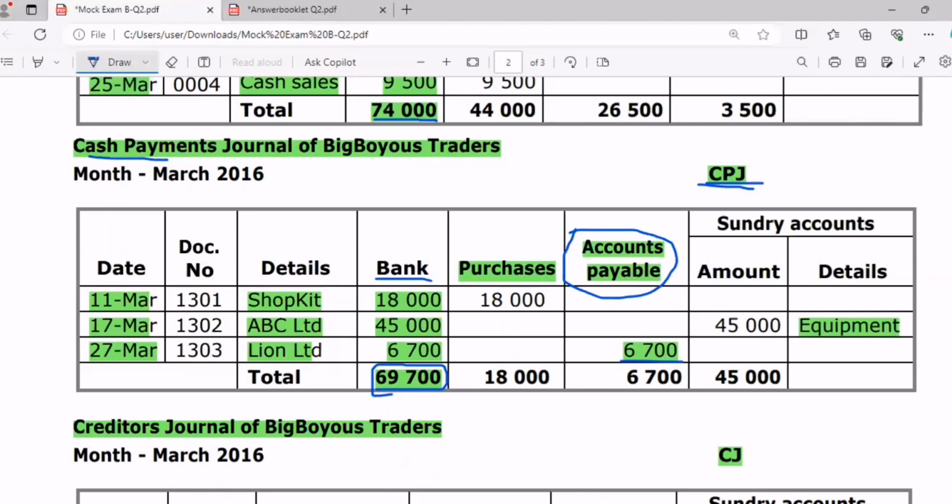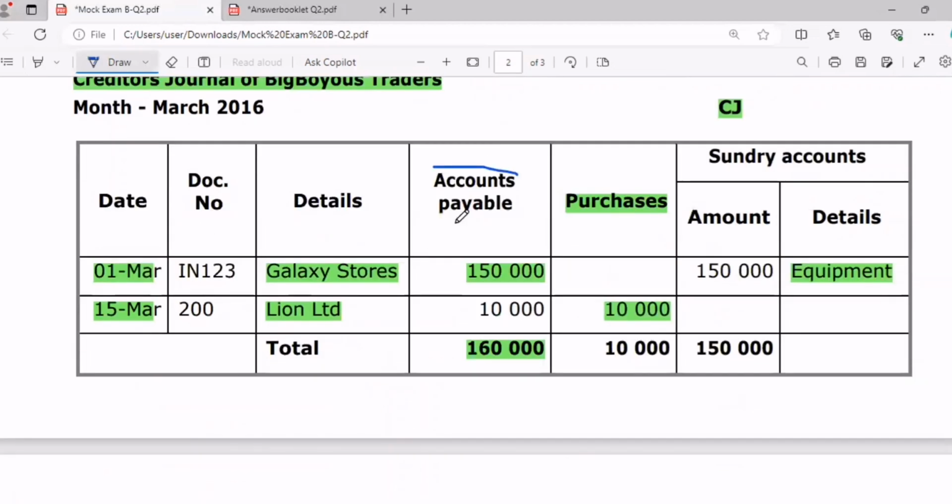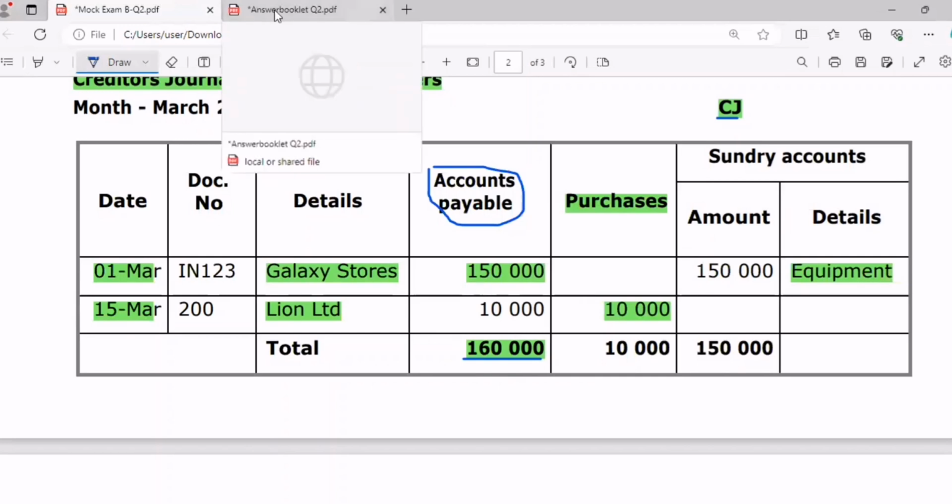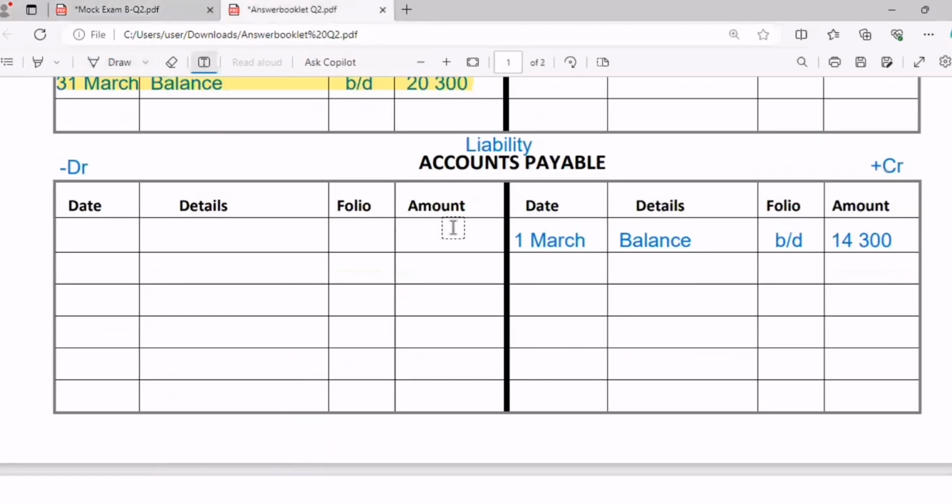And then another one is we have account payables again here in the creditors ledger in the CJ. So the total is 160,000. Mind you, I told you that in the CJ you record all the items that were acquired on credit. So all the items that were acquired on credit, we're going to record them on the credit side of the account. So on the credit side of account payable, we're going to show.